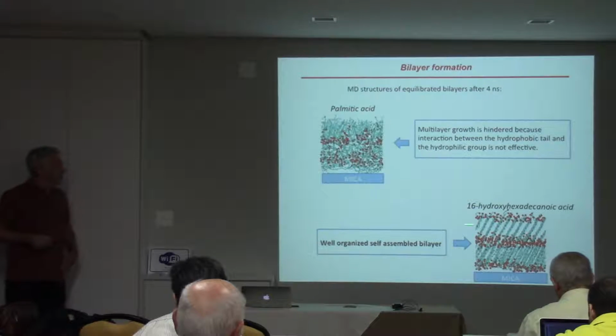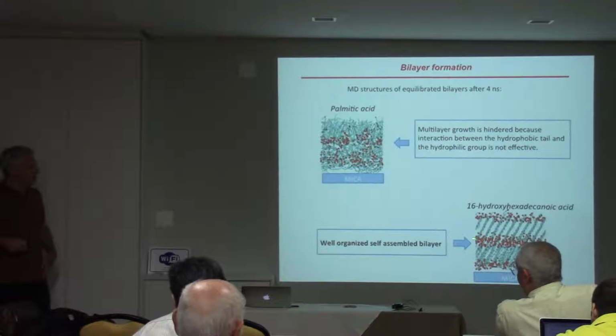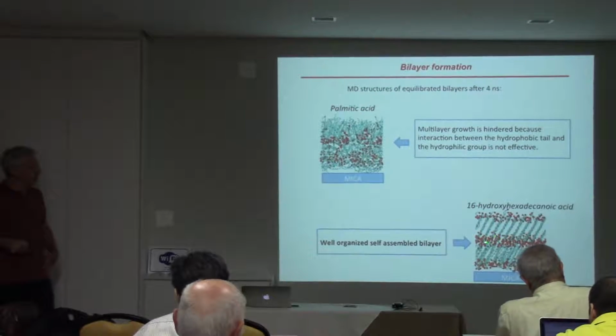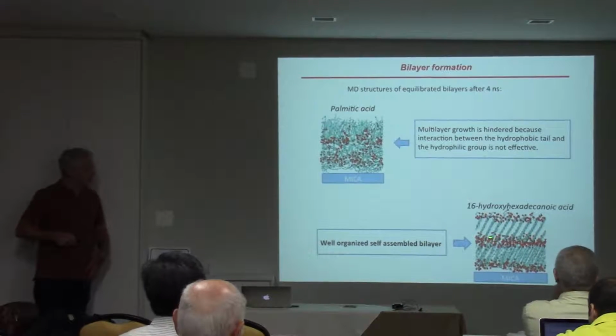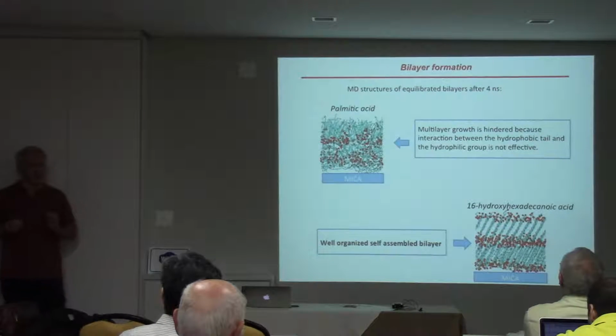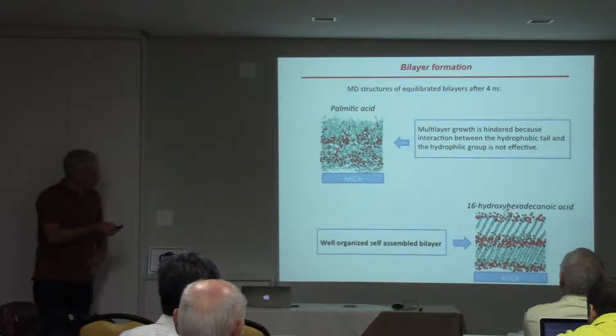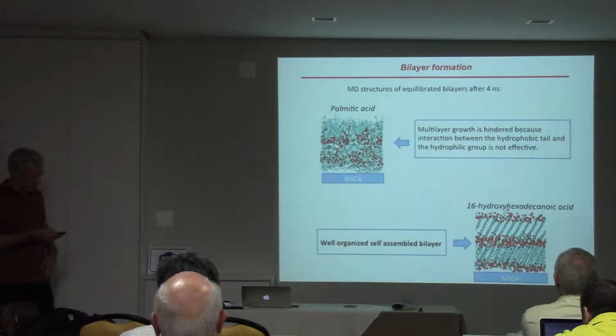They are very effective for this second molecule with the hydroxy group. The hydroxy group in the terminal position interacts effectively with the carboxylic group coming from the second layer, forming these nice structures.